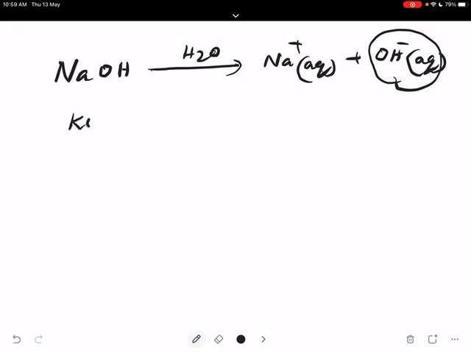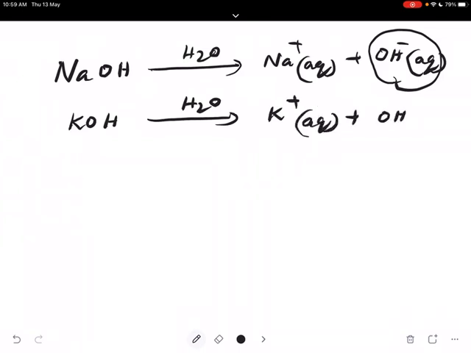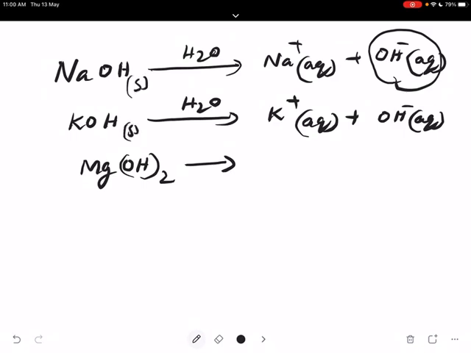Another base, KOH. KOH in presence of water gives K plus aqueous and OH minus aqueous. Or another base, Mg(OH)2. These are solids. When you put them in water, H2O, then Mg2 plus and twice OH minus.